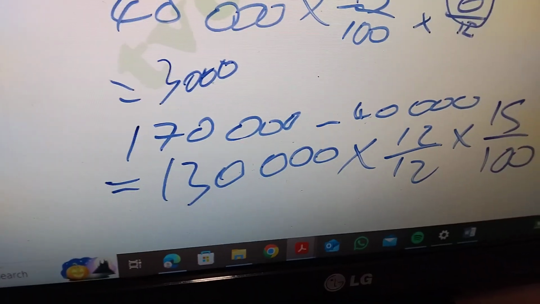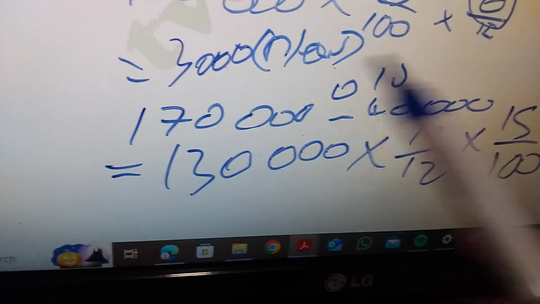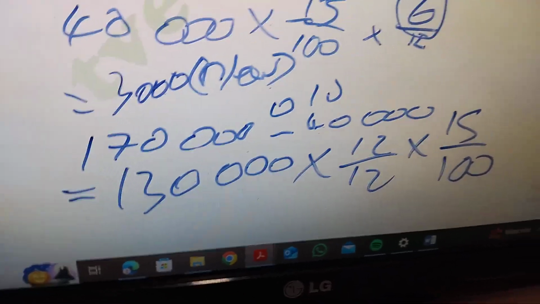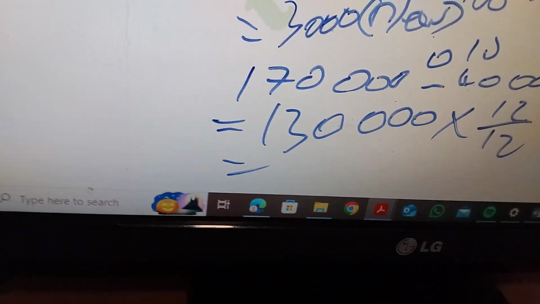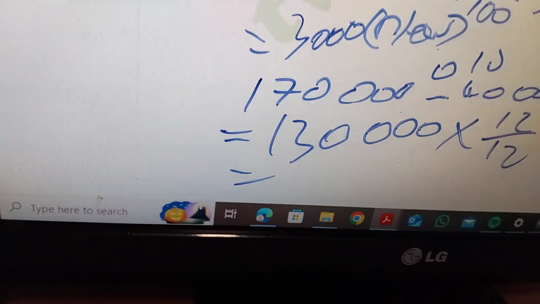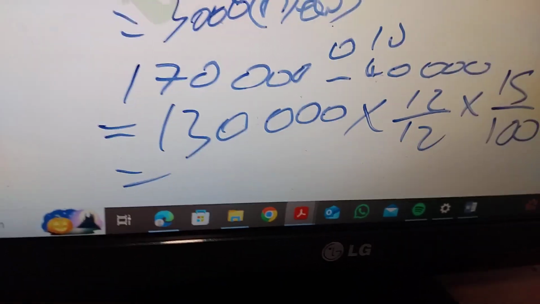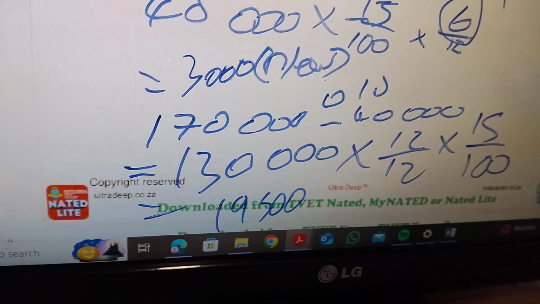This is the depreciation for old, and this one is for new. 130,000 multiplied by 15 over 100, because 12 over 12 is just 1. We get 19,500.